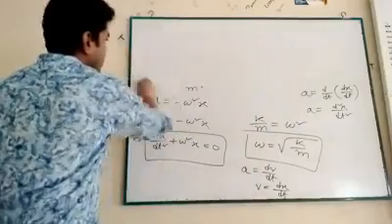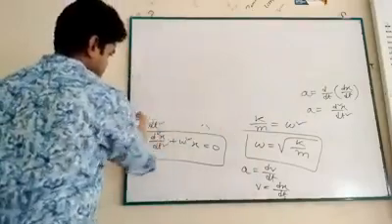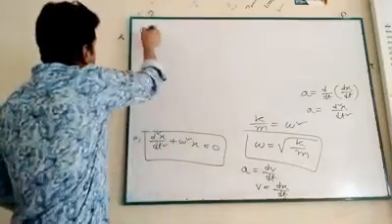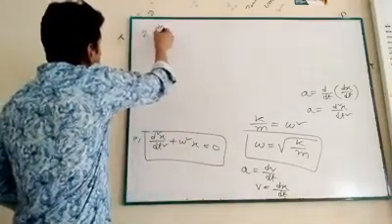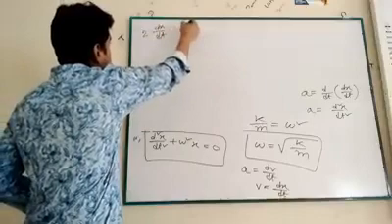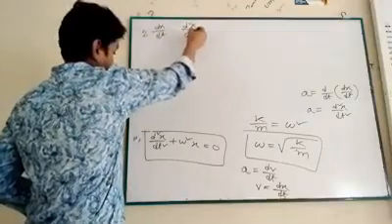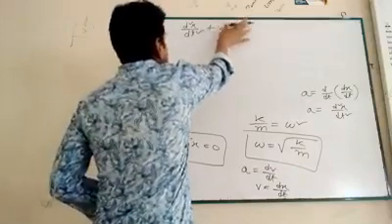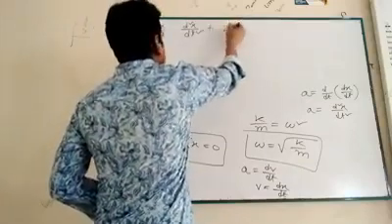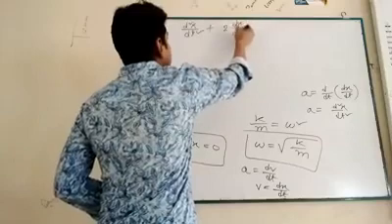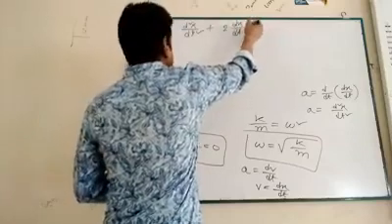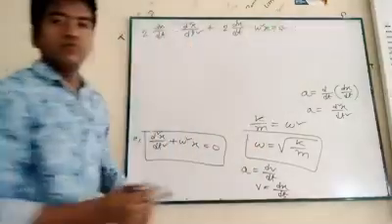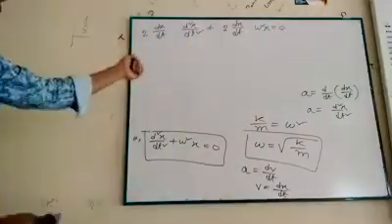multiply by 2 dx/dt on both sides. Means 2 dx/dt into d²x/dt² plus 2 dx/dt into ω²x equal to 0.